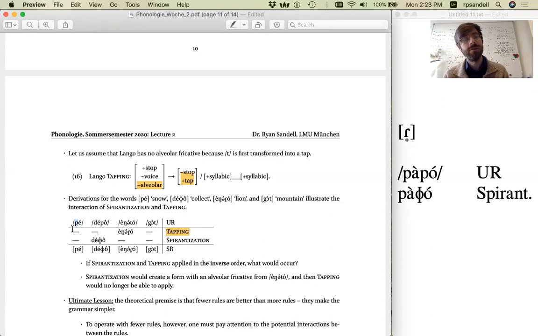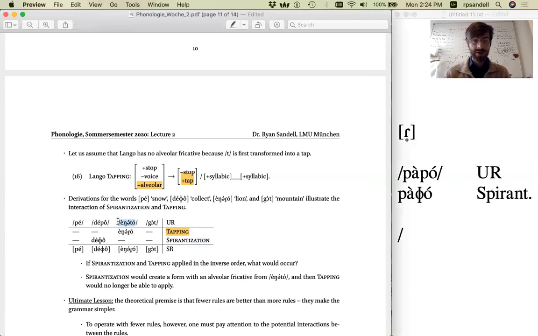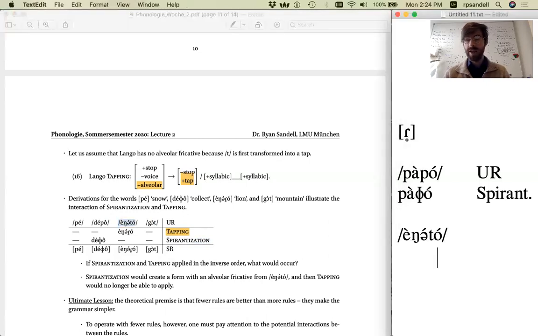Spirantization doesn't apply to the stop here in the word for snow because it stands at the beginning of a word. Let's think now for a moment what would happen if spirantization applied in the reverse order, and in particular, let's consider the word for lion here. If we had spirantization applying first, some other sound, I'll mark this sound with a question mark here because, as I mentioned above, there's no non-sibilant alveolar fricative.